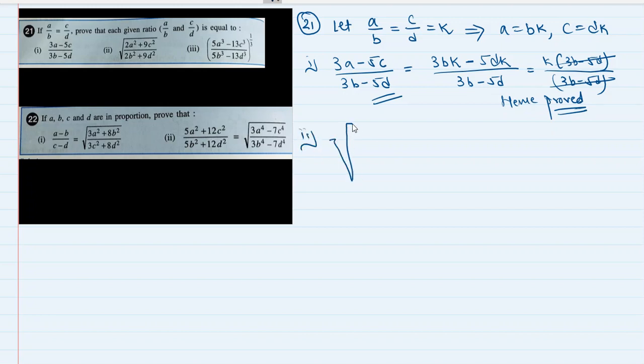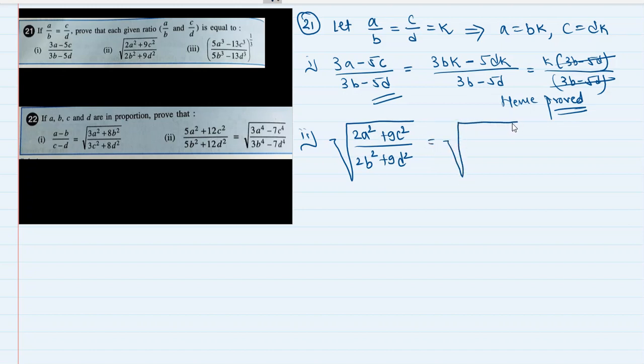root of 2A square plus 9C square upon 2B square plus 9D square. Now don't be afraid of the root. Just use K method. Substitute in the place of A, BK, and in the place of C, DK. So what do you get?